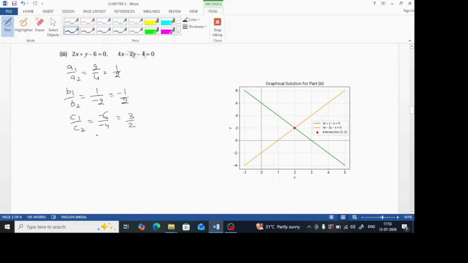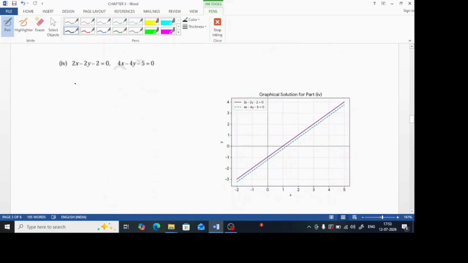Here we see A1 upon A2 is not equal to B1 upon B2. It means if A1 upon A2 is not equal to B1 upon B2, the lines are intersecting. The system is consistent and it will have a unique solution.